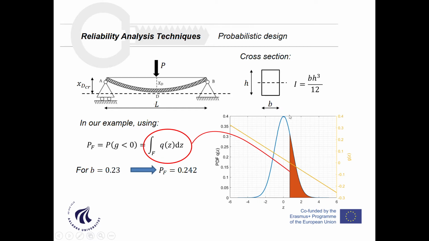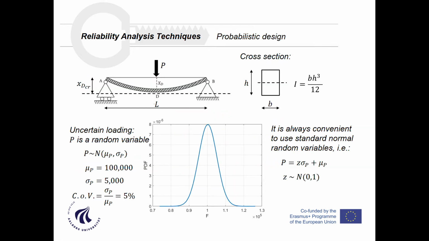Now we are not using the probability distribution of P anymore, we are using the probability distribution of Z, that we saw they are equivalent, right? So now we're plotting Z instead of the probability distribution of P, which was the original.